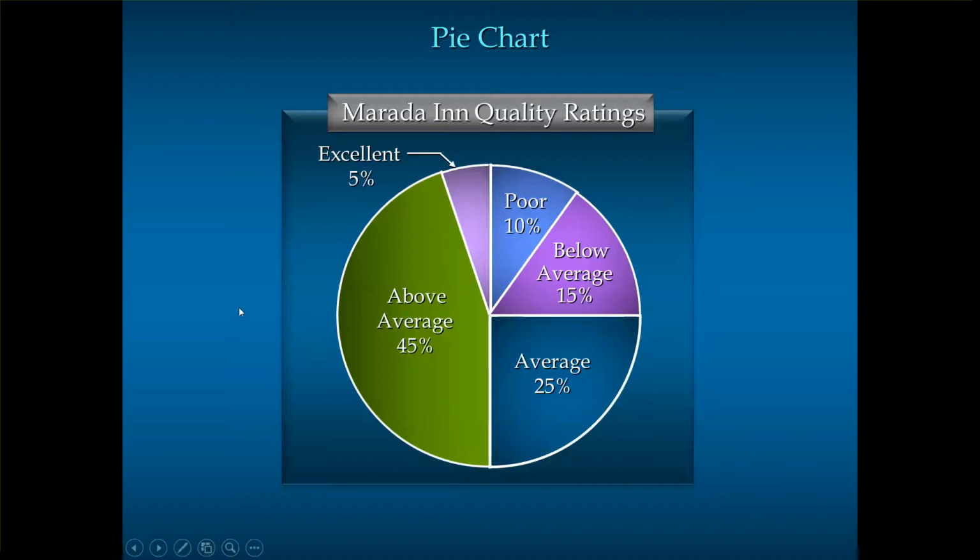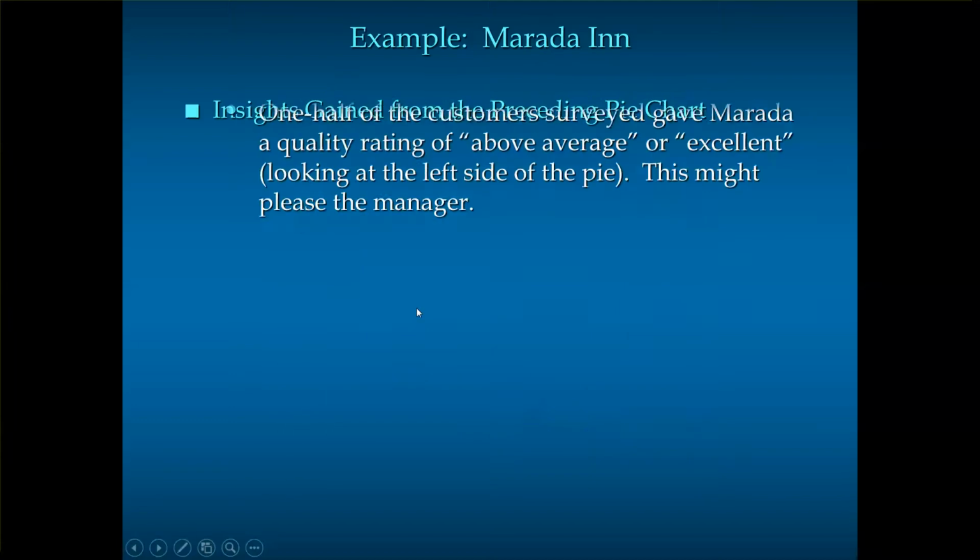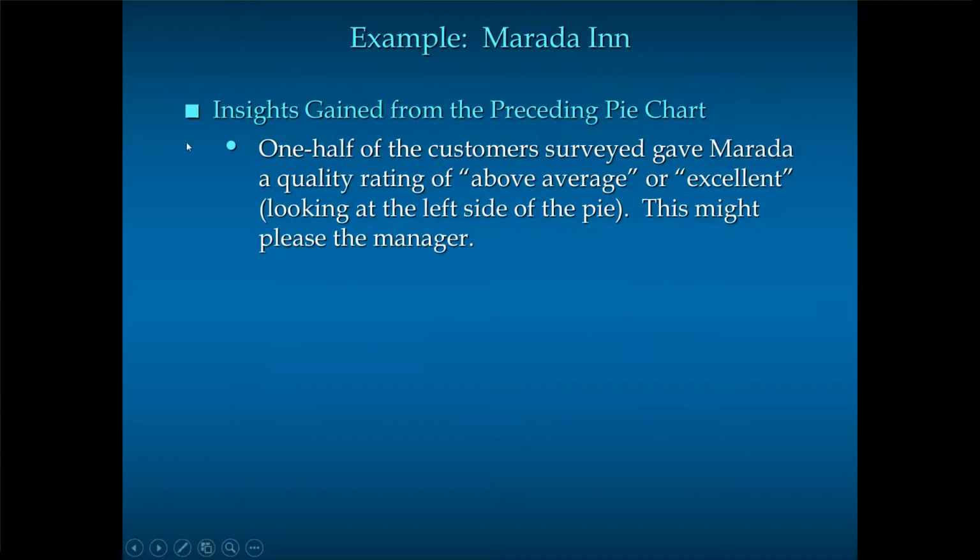You can see that the green part is above average, the purple part is excellent. If we add the green plus the light purple, we get half of the pie. That's the first conclusion: 1/2 of the customers surveyed gave Miranda a quality rating of above average or excellent.